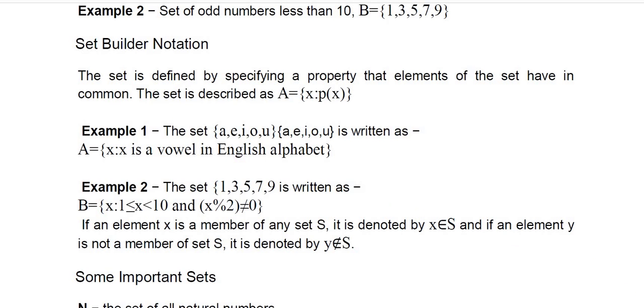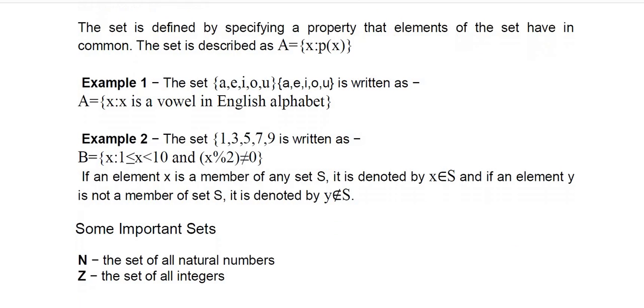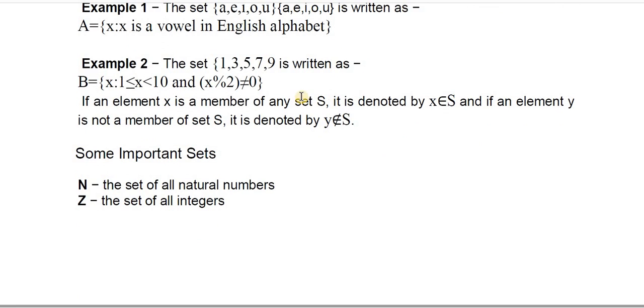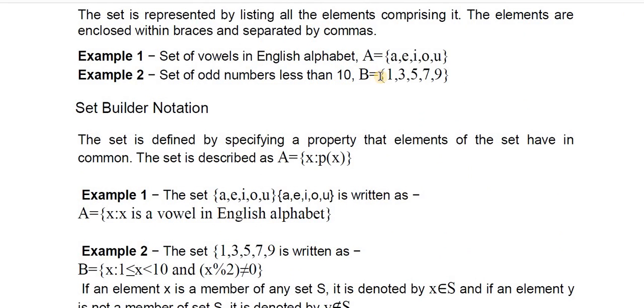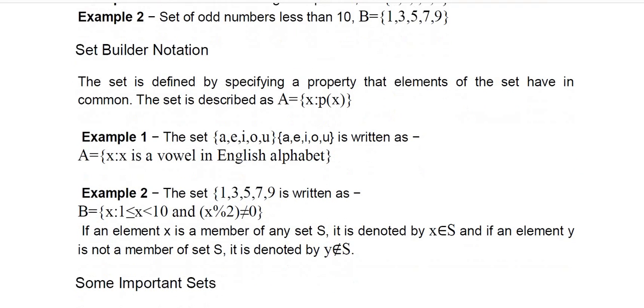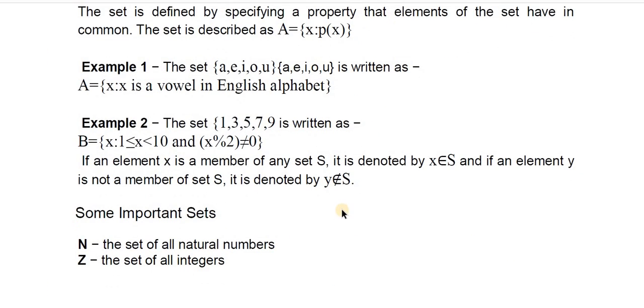Clear? Similarly, you can see the example number 2. The set 1, 3, 5, 7, 9, that means the set that we have already written here, that is the set B of odd numbers less than 10, can be written in set builder form like this.